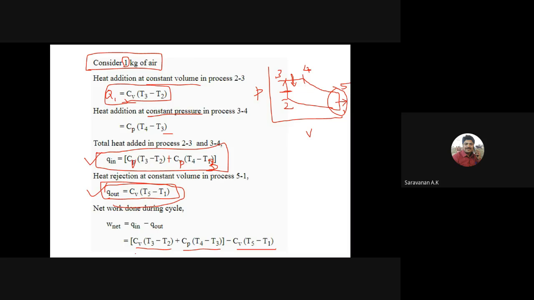Then what is meant by efficiency? Generally the efficiency is output by the input, right? Here the output is the work done, so work done by the heat supplied. That is called the air standard efficiency, work done by heat supplied.